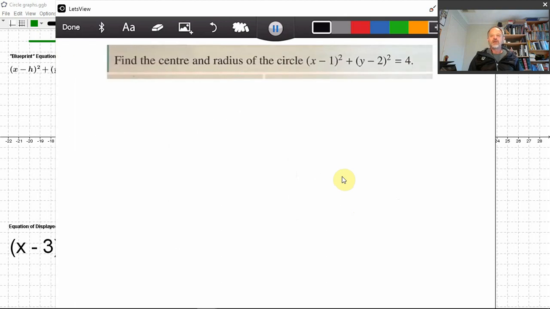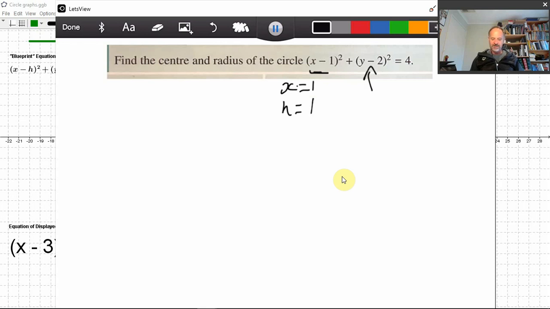And of course, knowing the centre and the radius, we can make an equation, we can also go the other way. So here we've got an equation and we can find the centre and the radius. So remember here, we're looking at this bracket where the x value makes that equal 0, and that would be 1 to make that bracket 0. So that means h is 1.